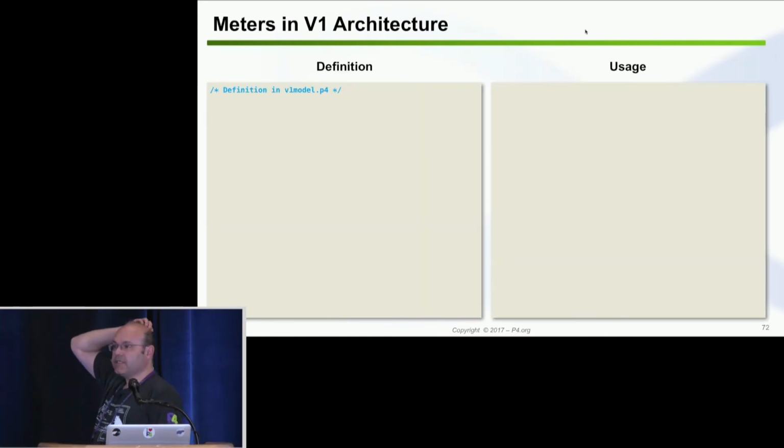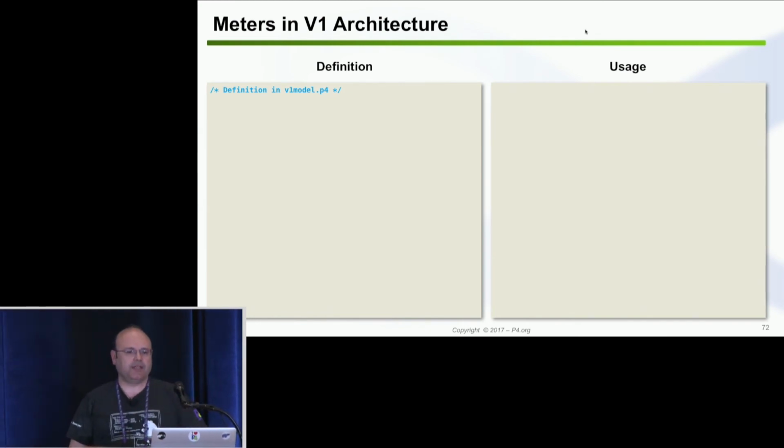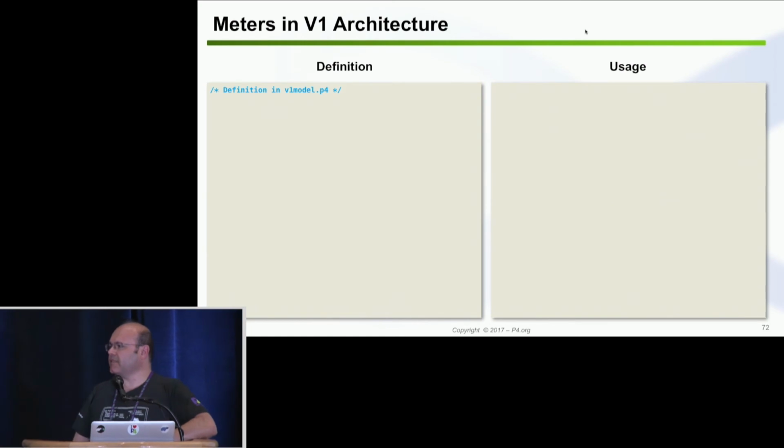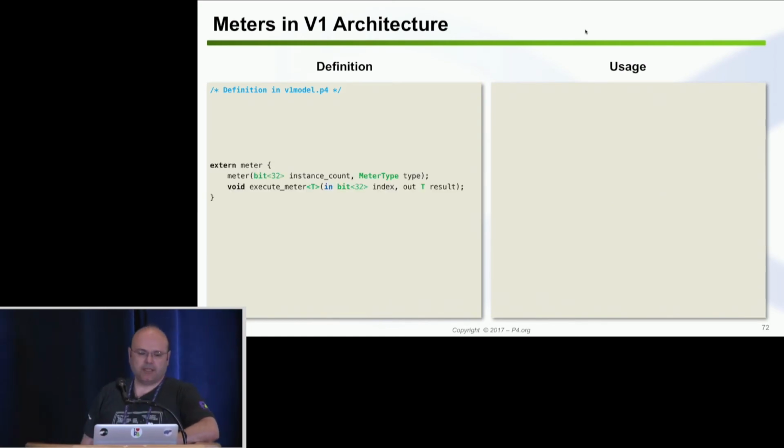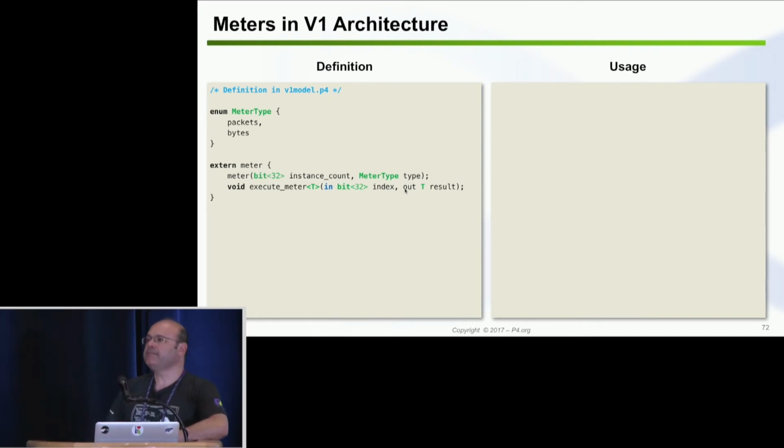Similar to counters, there are also meters. I think someone was asking me about policing the traffic. V1 architecture defines another type of external object called meters. So this is the definition. Again, when you instantiate the meters, you specify the instance count and the type of the meter, which means that we want to meter either on bytes or packets.